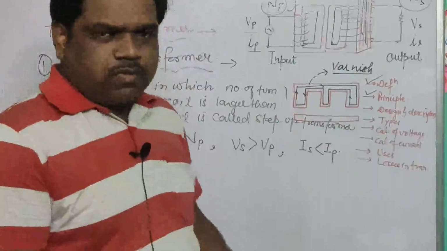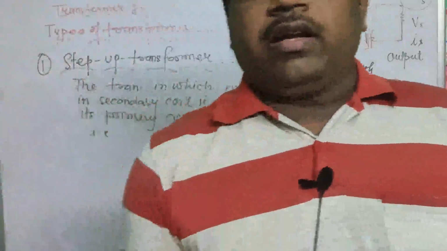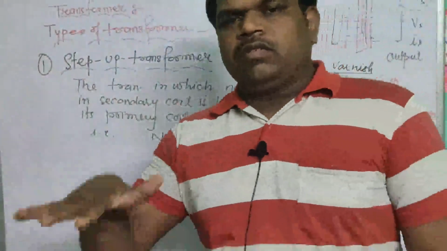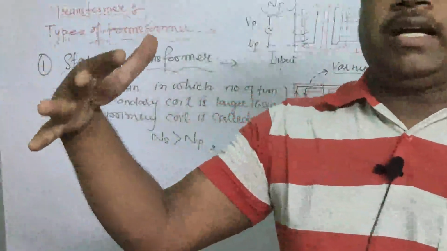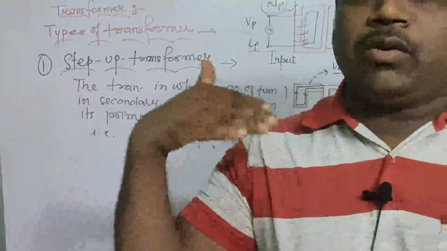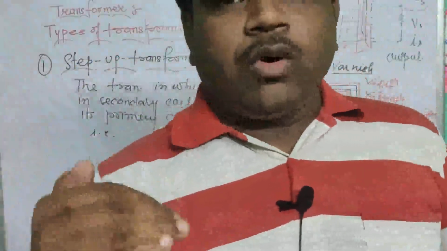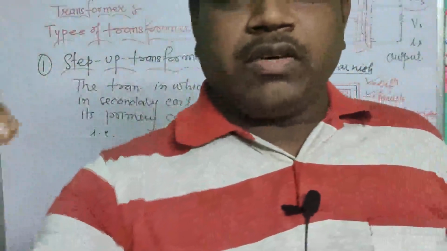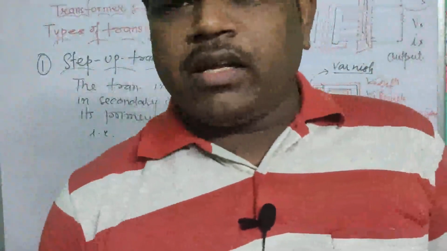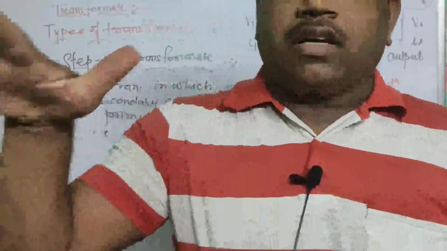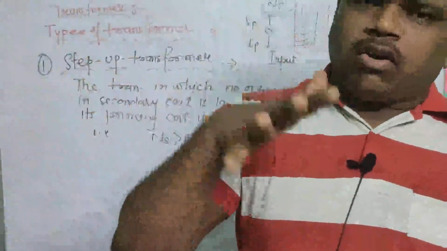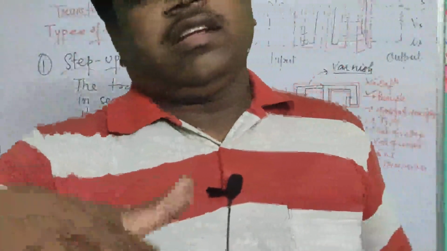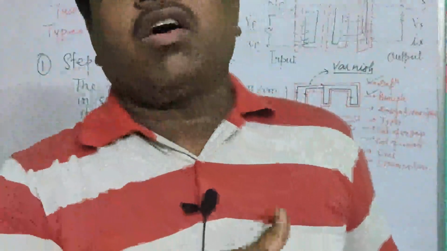What does a step up transformer do? It can increase the output voltage compared to input voltage. When the voltage of the AC source increases, correspondingly what will happen? The current across the secondary coil will be small.